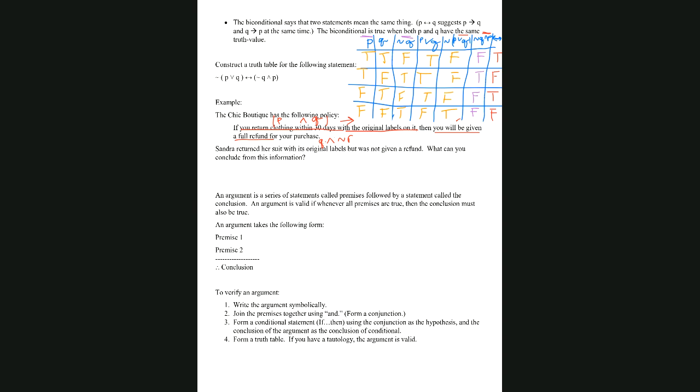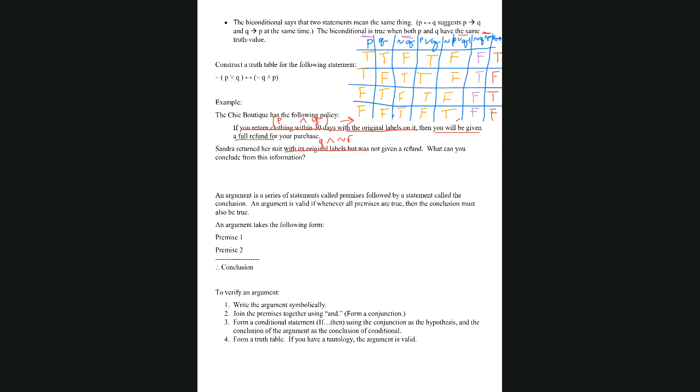What can we conclude from this information? Well, what is missing here? Sandra returned her suit with its original labels on it. What part is missing? I have Q here, but I don't have P, so P is missing. So if you return clothing within 30 days, that's P. So what can we conclude from this information? Well, she returned it with the original label, but she was not given a refund. So that means that it wasn't returned within 30 days.